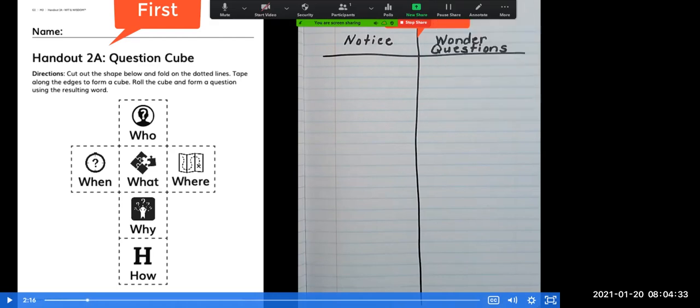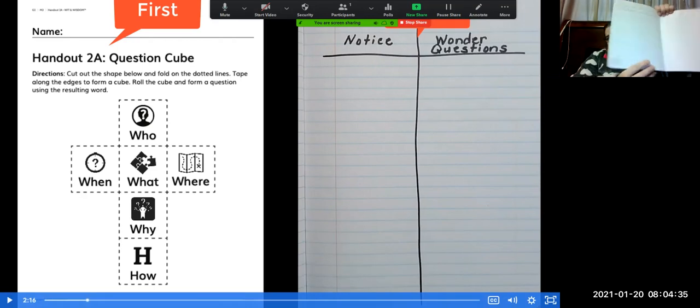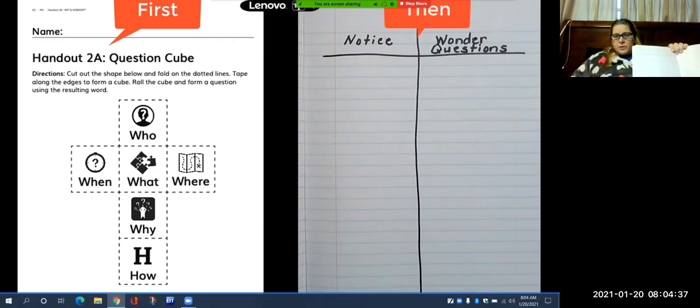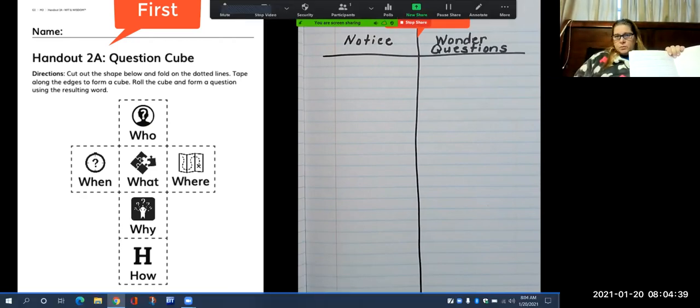Okay, so we are on page 100. And you are going to write the title. It's really hard to see because I left my marker at school. I'm sorry. So you're going to write Martin Luther King Jr. and the March on Washington, and then notice and wonder on page 100 today.